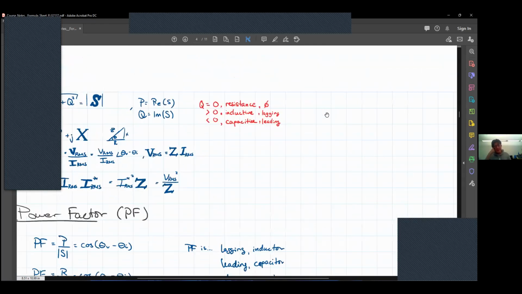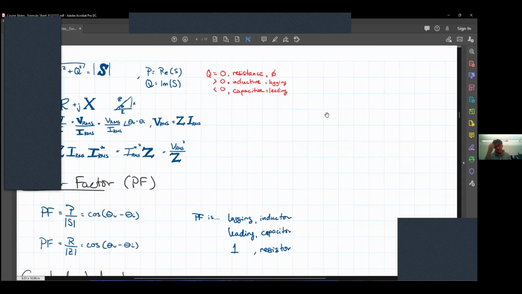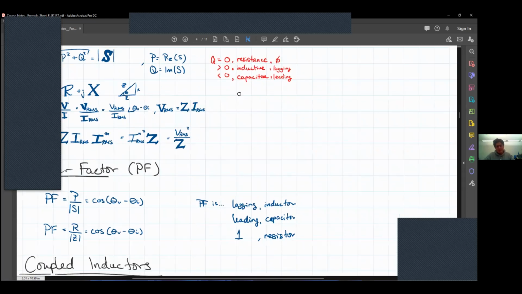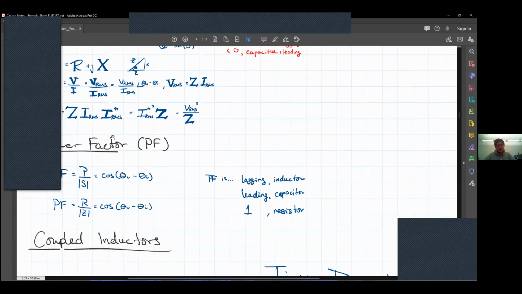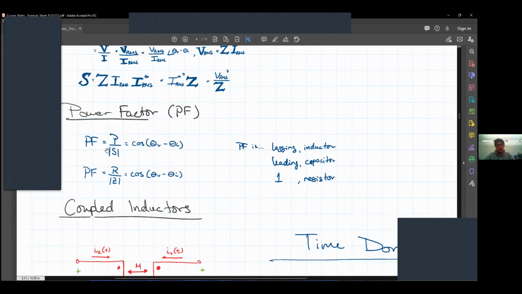Note that that matches the same thing for the values of Q, the imaginary impedance. And if the value is 1, so if they're 1-to-1, or the value of your complex power is the same as the magnitude of your real power, they are the same. Thus, there is no shift, and it's simply a resistor.